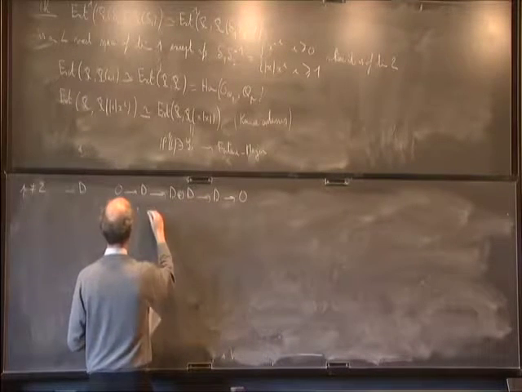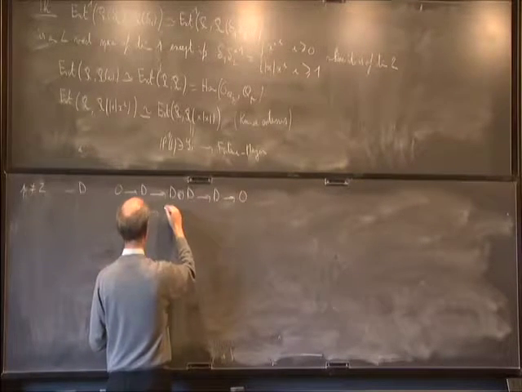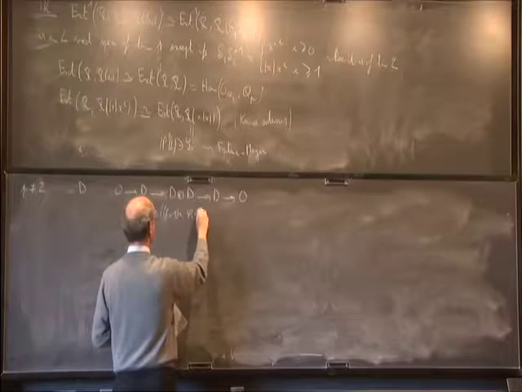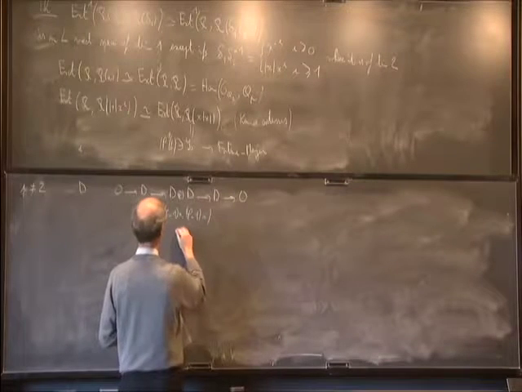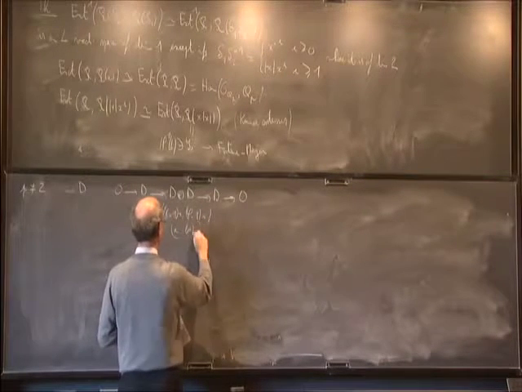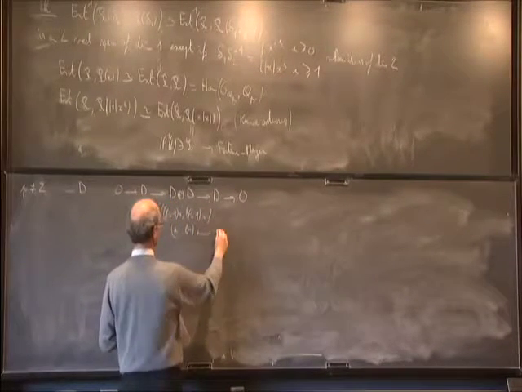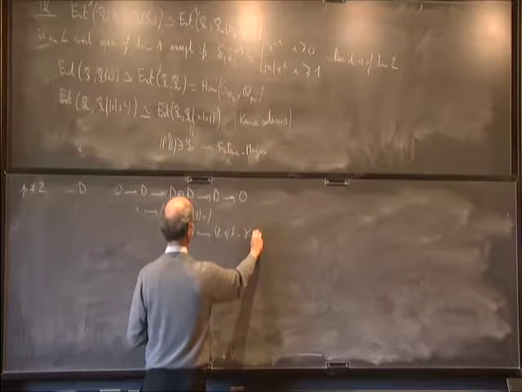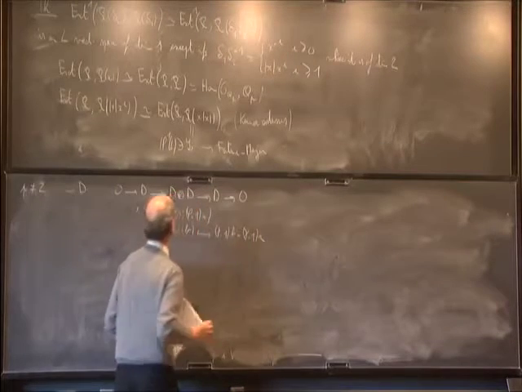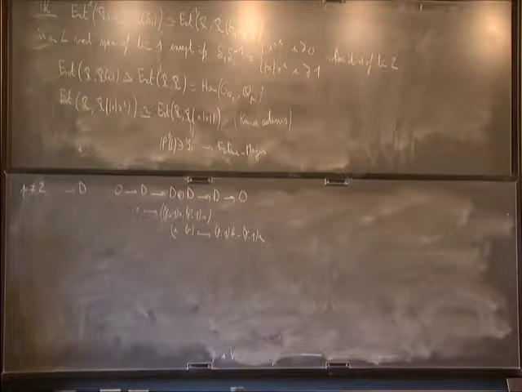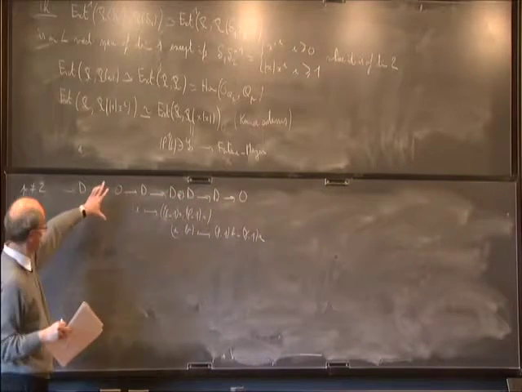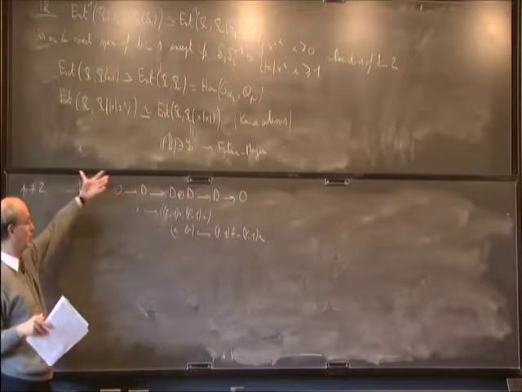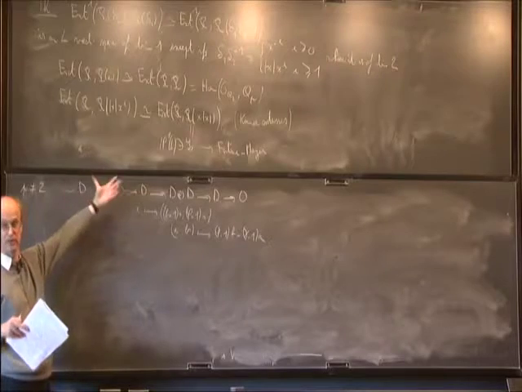If you have an x here, you send it to gamma minus 1 x, phi minus 1 x. And if you have an (a, b) here, you send it to phi minus 1 b minus gamma minus 1 a. So I remind you that this complex is the one that is used to compute Galois cohomology using phi gamma modules.